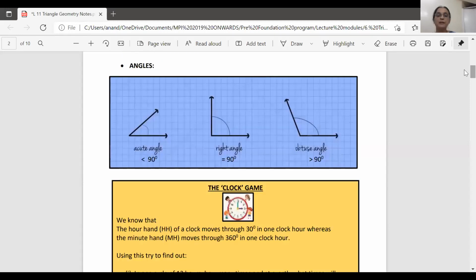Then suppose I am drawing two rays coming out from the same point.